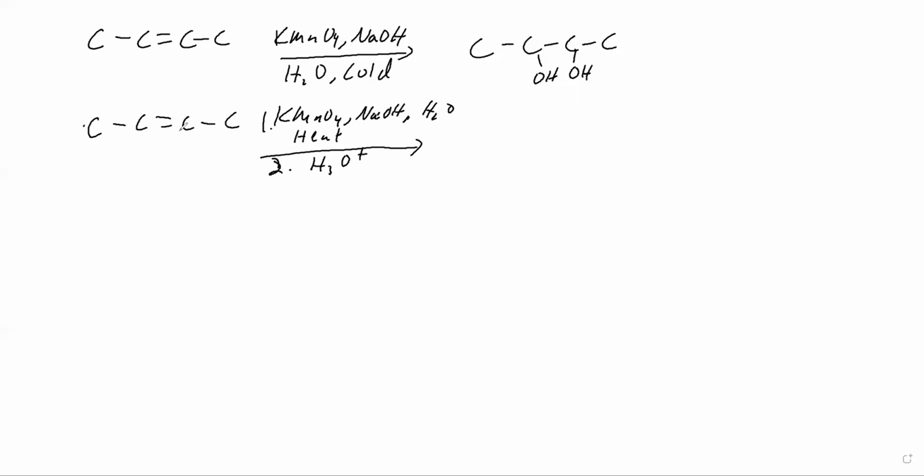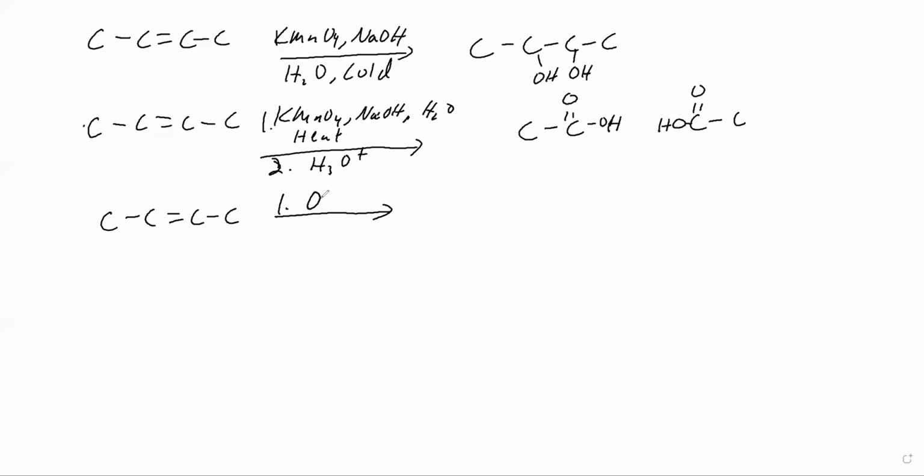This cuts it here and puts double bond O, OH on either end. Okay. Another way of cutting is ozone. Step 1, O3, ozone. Step 2, acetic acid.